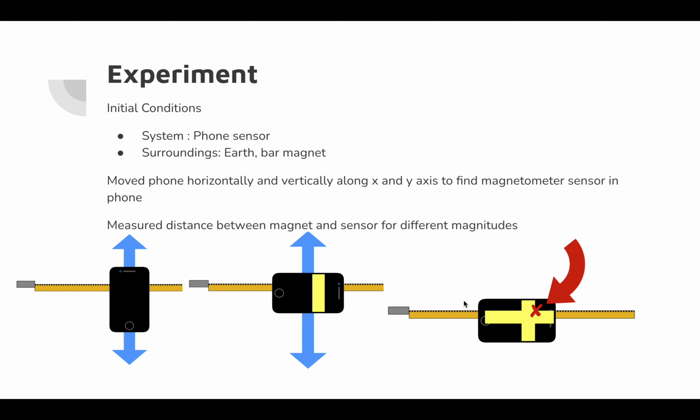So in this experiment, we had a system, which is the phone sensor, and then the surroundings, which is the earth and the bar magnet, and then obviously everything else going along with that.